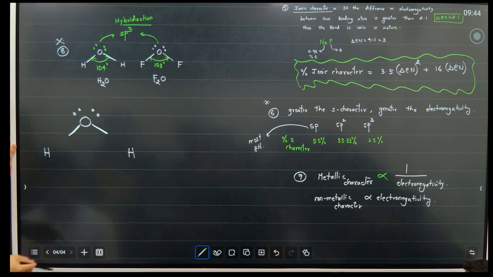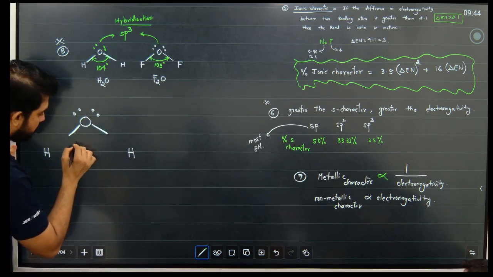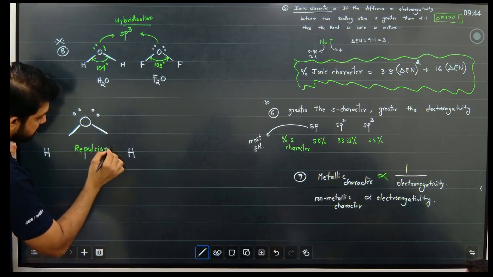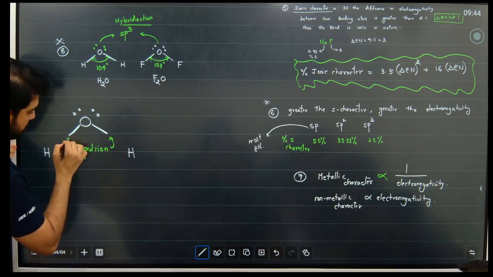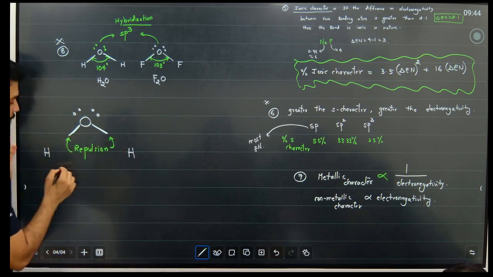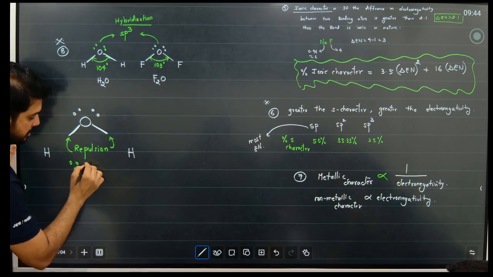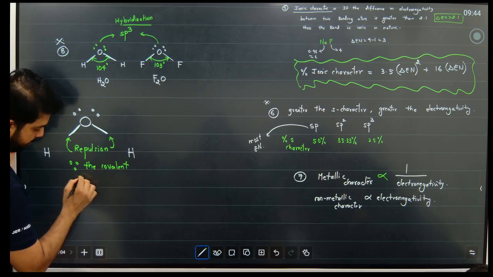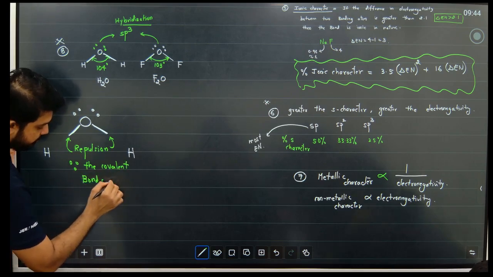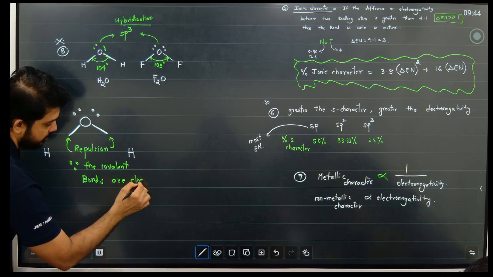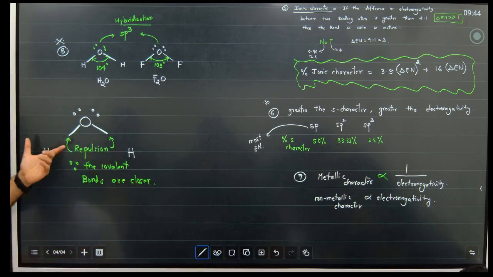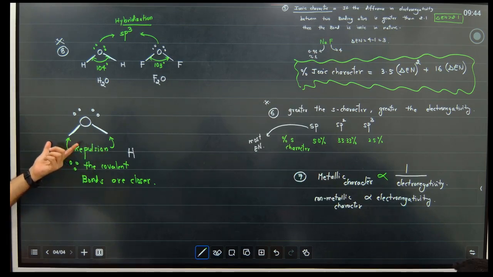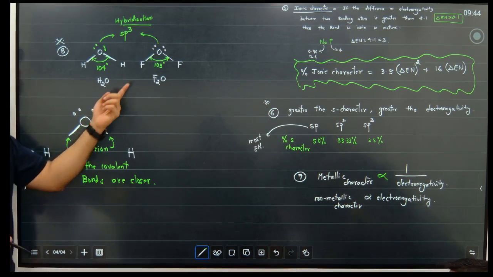Now since these bonds are closer, there is more repulsion between the electrons. And why is there repulsion between the two? Since the covalent bonds are closer. I repeat, since the covalent bonds are closer, there is more repulsion. With me till here?